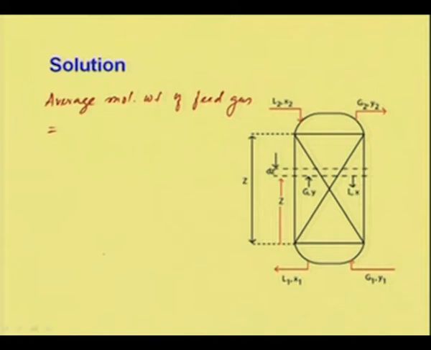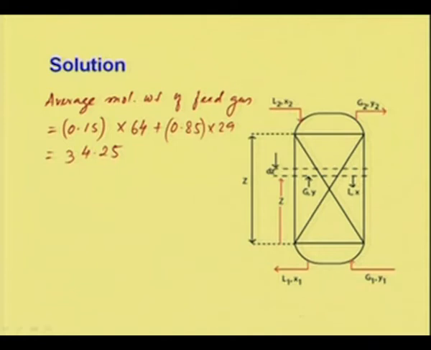So, the feed gas is entering at 15 mole percent of SO2, so 0.15 into 64 plus 85 mole percent of air into 29. So, this will be 34.25.